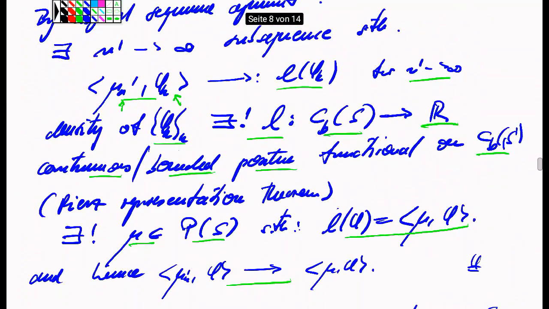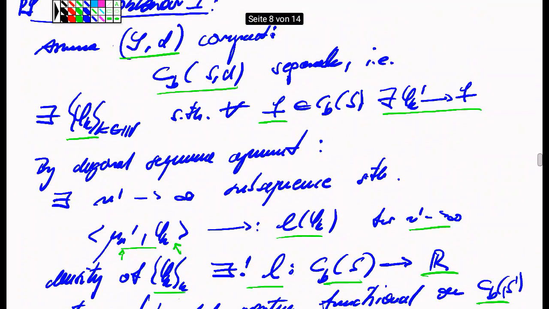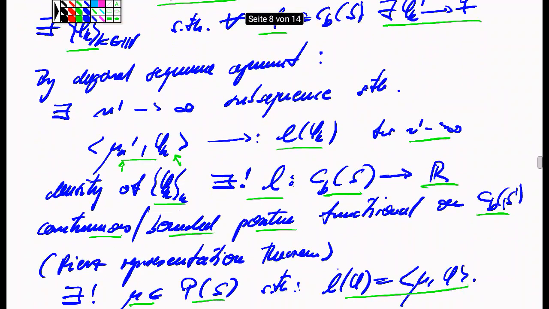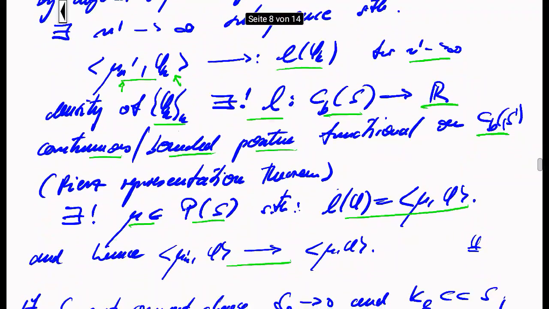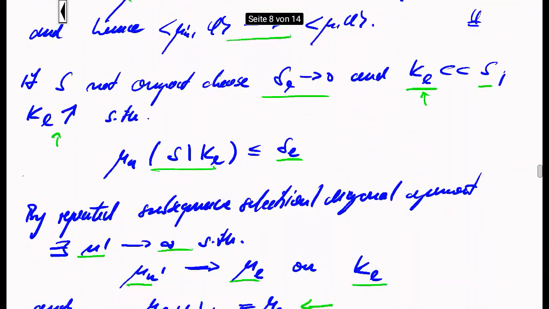This is what we just have shown, and the critical argument here effectively was that the collection of bounded continuous functions on a Polish space is separable, and we have used in essential fashion the Riesz representation theorem, which says that the dual space of the continuous bounded functions on a compact set is given by the set of measures, or probability measures in this case.